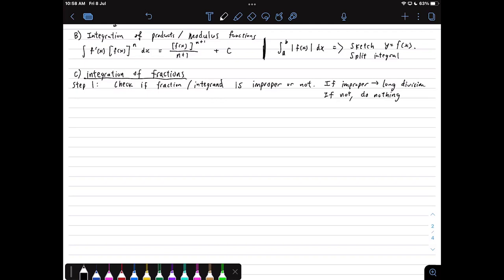So for example, you will end up with a final answer after you do long division of q(x) plus r(x) over d(x). Q is quotient, r is remainder, d is divisor. So an example of this would be: you have to obtain q(x) plus this guy from long division.